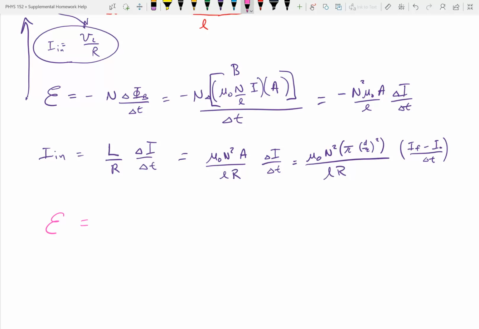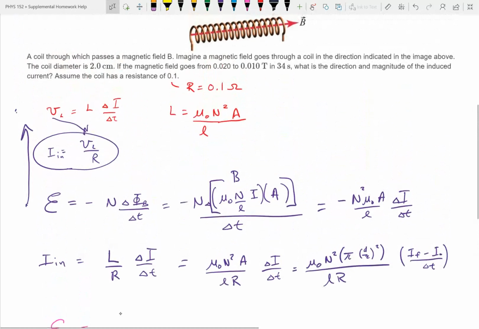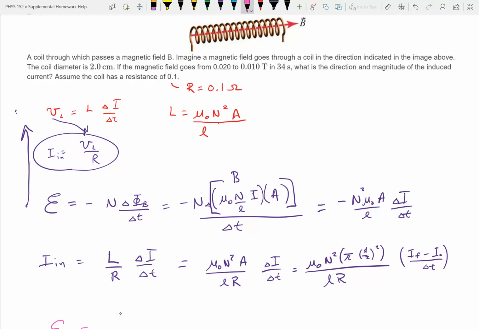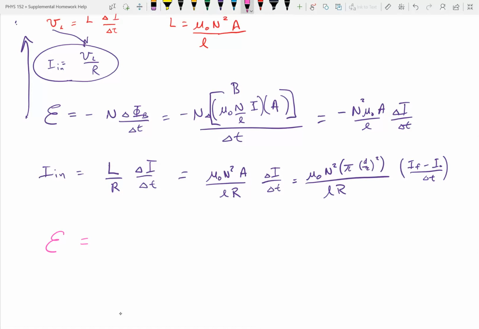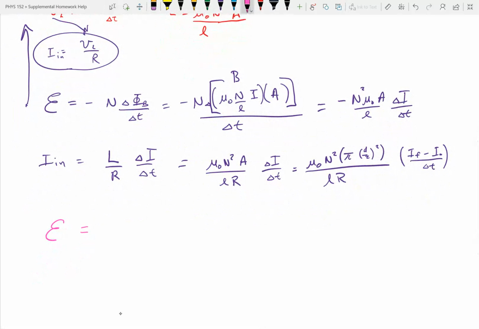Well, actually, there is a problem, though. The problem is this has N squared in it, or N times B A. So we still need to know N. Or I guess we could say since B is equal to mu naught... No, that doesn't help us either.